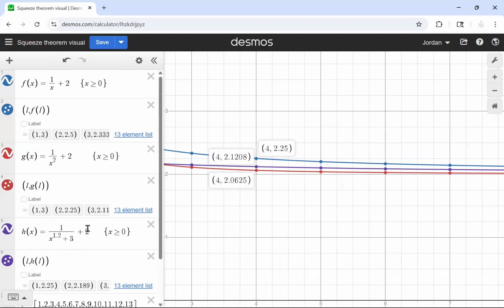And I don't have to actually do the algebraic work on that middle sequence. So if I know the top and the bottom both have limit 2, then the middle sequence has limit 2 as well. So that's the idea of the squeeze theorem.